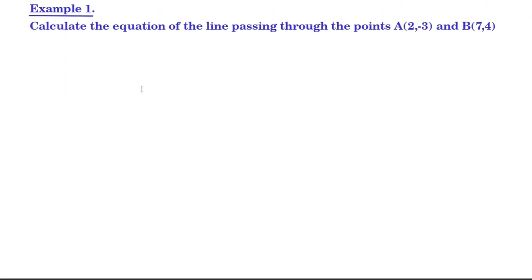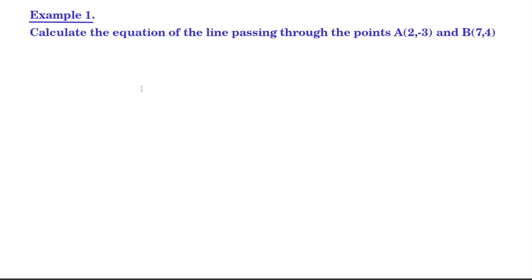Whenever you are required to calculate the equation of a straight line given 2 points, all you need to do is to first calculate the gradient using those 2 points. From our previous video, we've covered how to calculate the gradient. So your gradient m is going to be equal to y2 minus y1 over x2 minus x1.